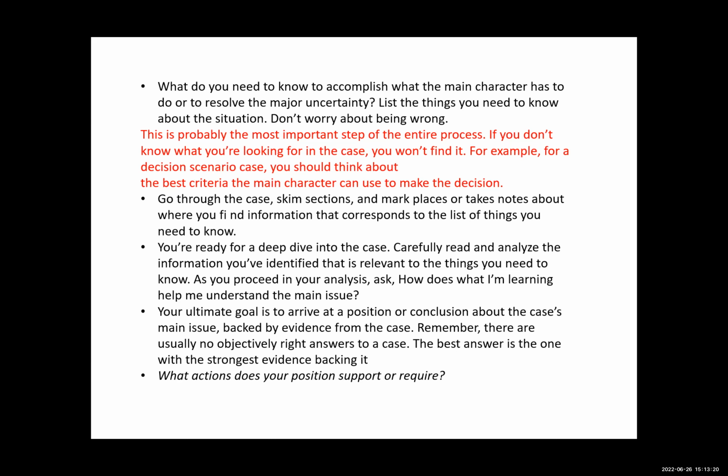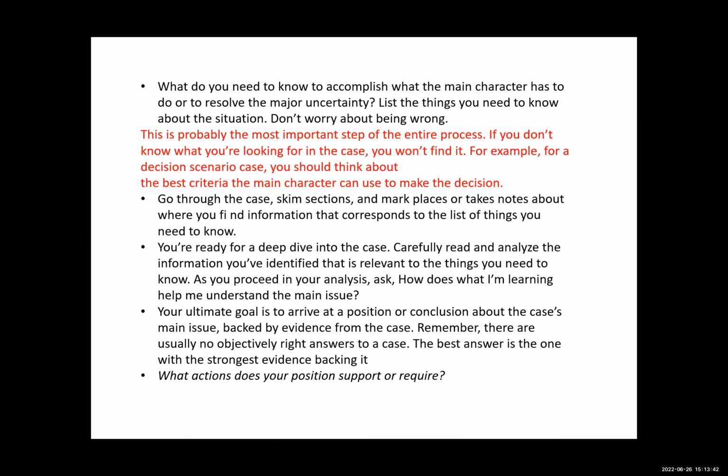This question helps you identify the core scenario. And what do you need to know? And before that, the major uncertainty in the case. Not necessarily in that order. You can change it according to your convenience, but it looks like a logical sequence of steps.